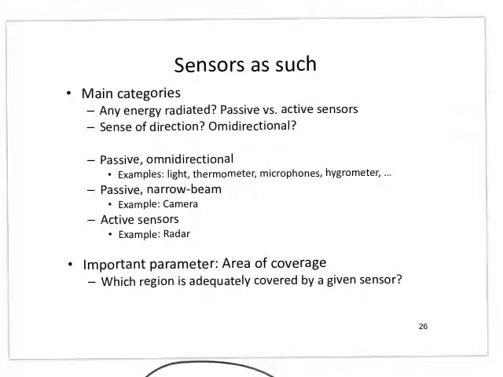So this way the target is moving, and you want to cover it using cameras. You want to make sure that wherever the car is moving, the camera will be covering that car. So now the car is moving, but the camera is fixed. It could be the other way around.